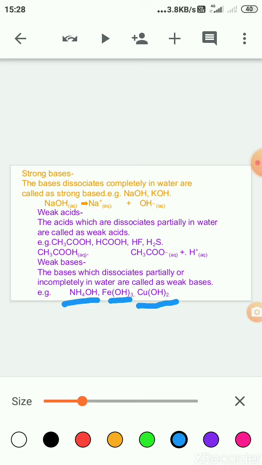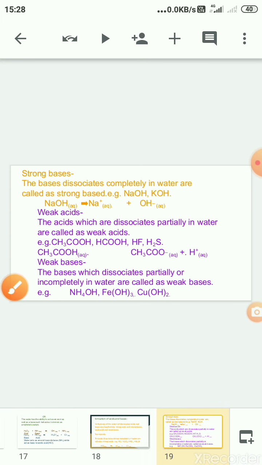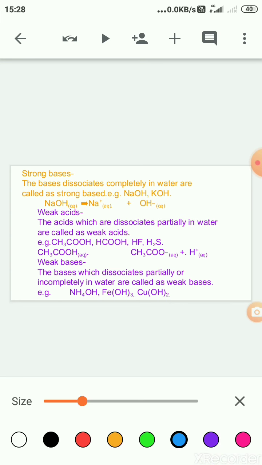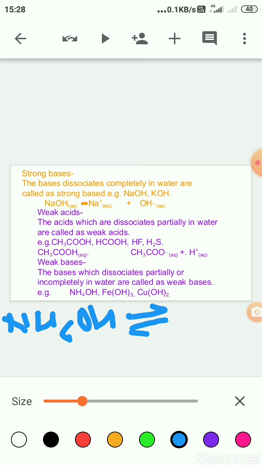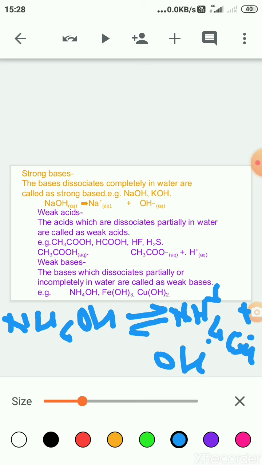For example, if we consider ammonium hydroxide, NH4OH, in water it undergoes dissociation. It forms ammonium ion, NH4 plus (aq), plus OH minus ion (aq).